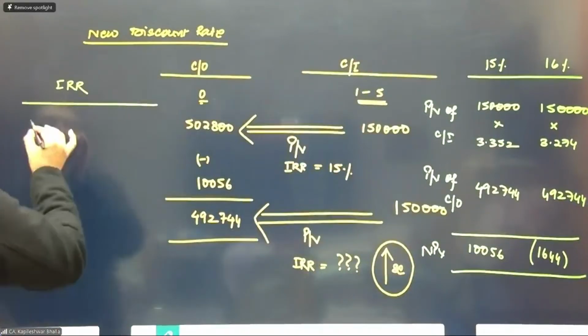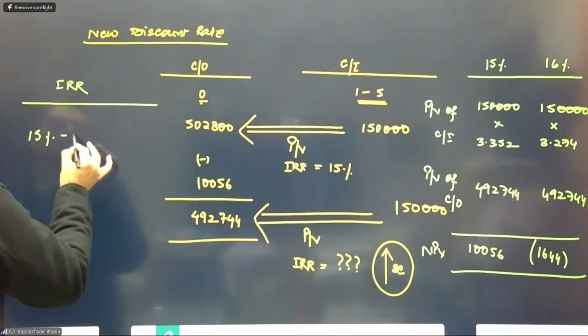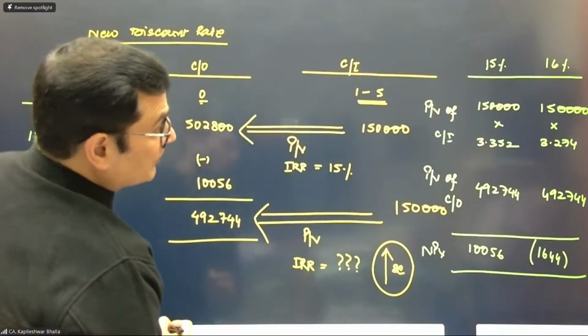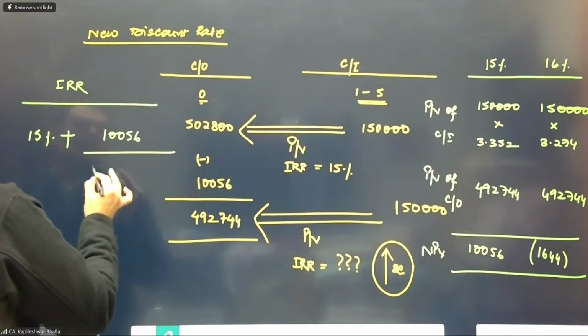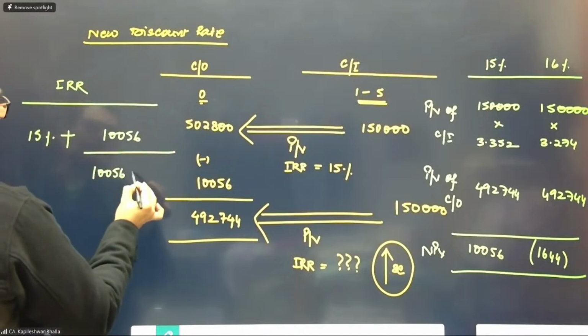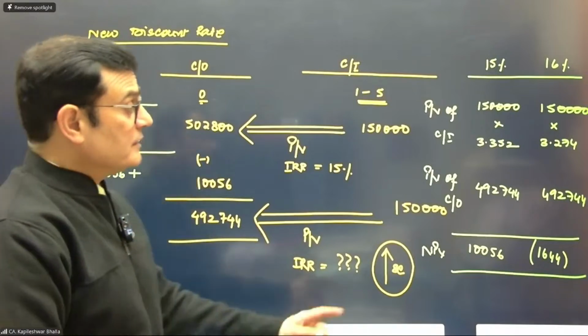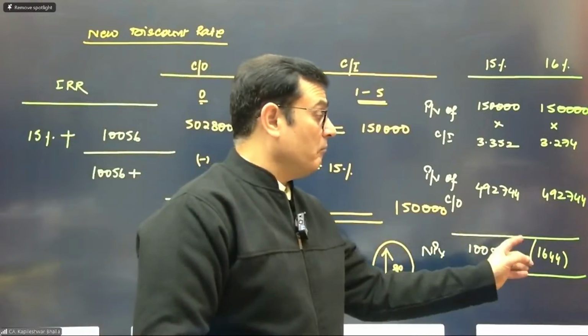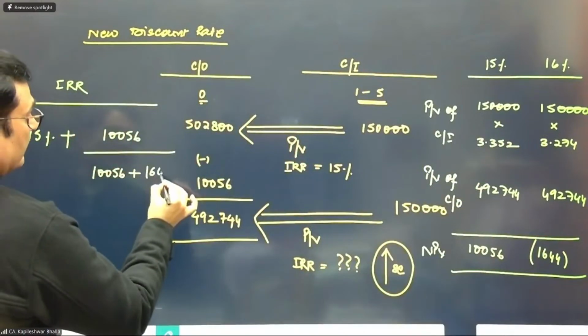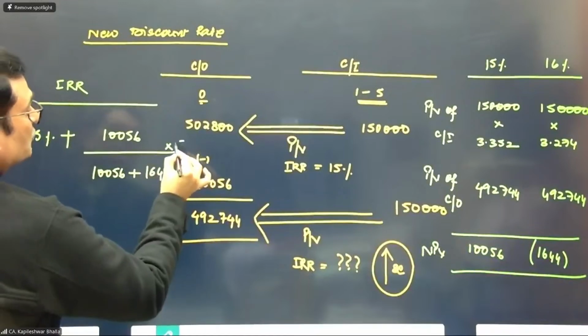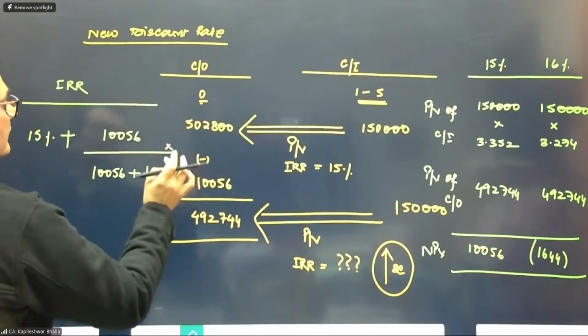The interpolation would be 15% plus the NPV at 15% divided by the difference in the NPV. When you take the difference in the NPV, this minus will become a plus. And the gap of the range is 1%.